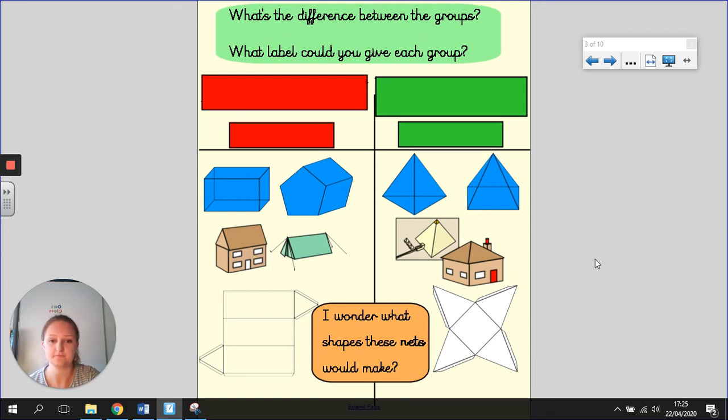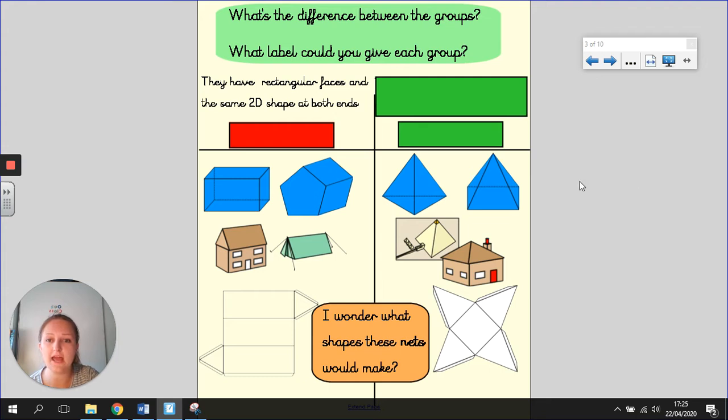So in this group, they all have rectangular faces and the same shape at both ends. This shape here, this 2D face, I can see has 1, 2, 3, 4, 5 edges, which means it is a pentagon.